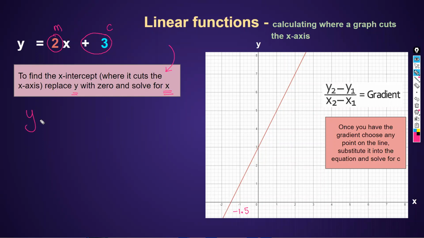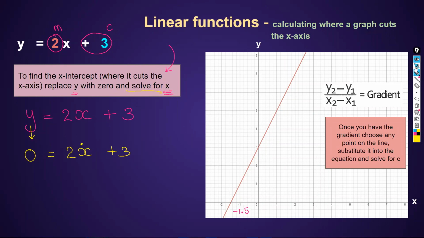Right, so let me write back the equation here. According to this note here, all we need to do is replace the letter y with 0. So let's throw away this y and replace him with 0. And then it told us to do what? Solve for x.